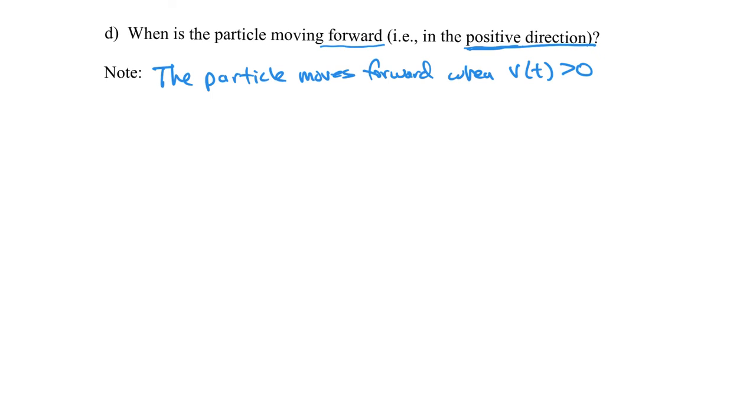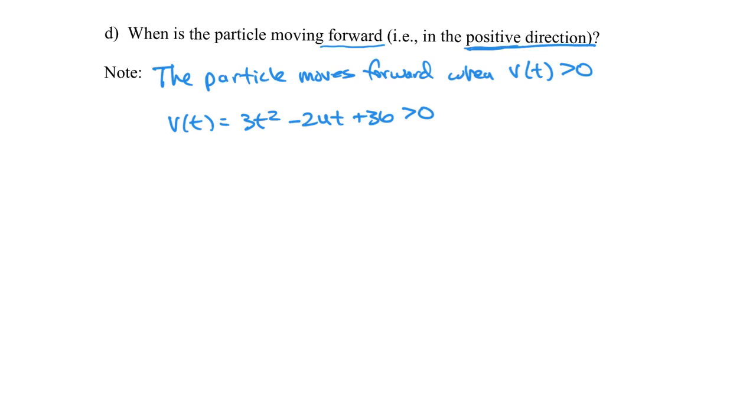So to do this, we can take our velocity function, just like before, 3t squared minus 24t plus 36. And this time we don't set it equal to 0, we set it greater than 0. And now you've got an equation that you would have seen in an algebra class where you're solving an inequality. And it's a second degree inequality.